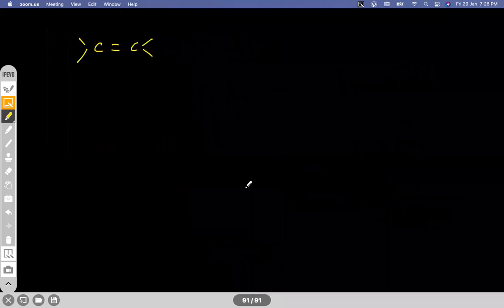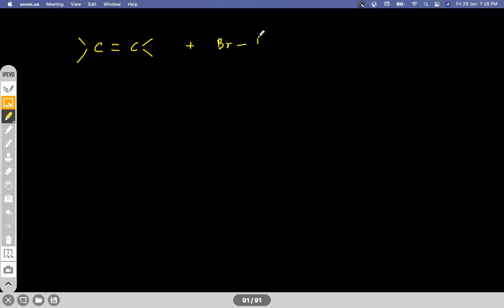We have this alkene and we are doing bromination of it. Br2 is a non-polar molecule and the solvent is also non-polar. When the solvent is non-polar, it cannot polarize this Br2 molecule.